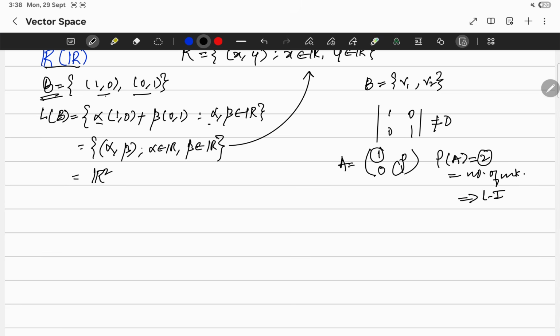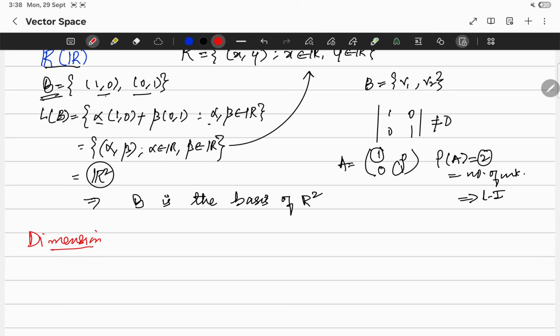You have checked that B is linearly independent, and it spans your whole R2, which means every vector of R2 can be written as a linear combination of these vectors. So B is the basis of R2. And what is the dimension here? I will note it.